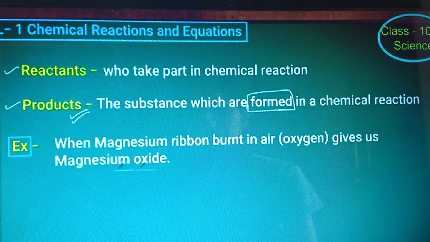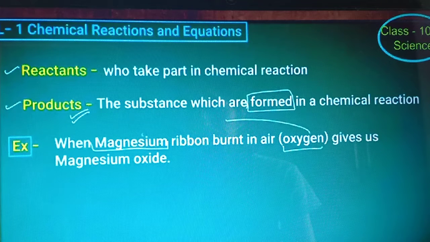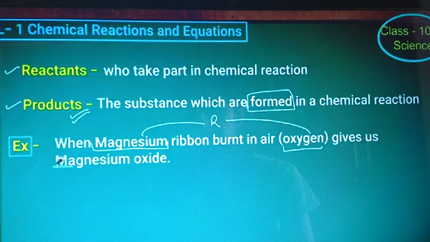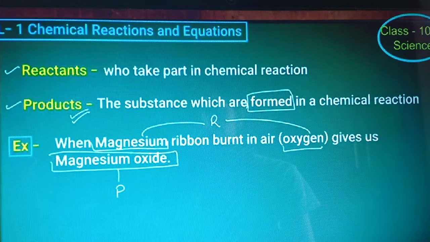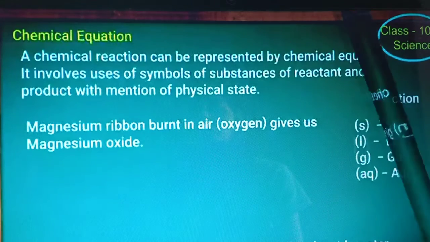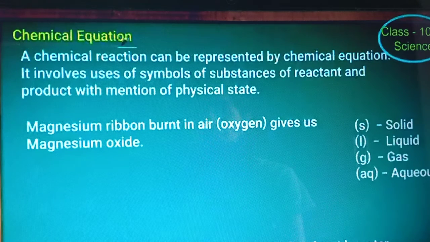While the reaction between magnesium and oxygen forms a new product, that is magnesium oxide. So we consider magnesium oxide as a product. Here magnesium and oxygen, air meaning oxygen, are the reactants, while magnesium oxide is the product.